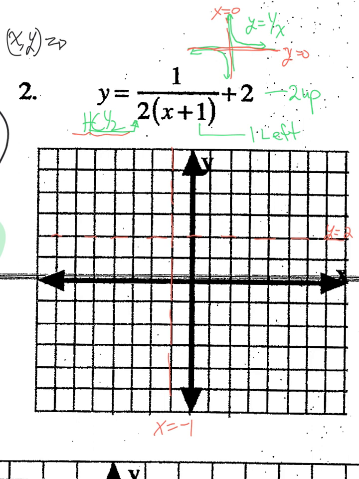It's going to go to (1/2 x minus 1, y plus 2). How come that 2 is horizontal? Look at the original function. Because it's in the denominator, I've replaced the x with 2x plus 2.